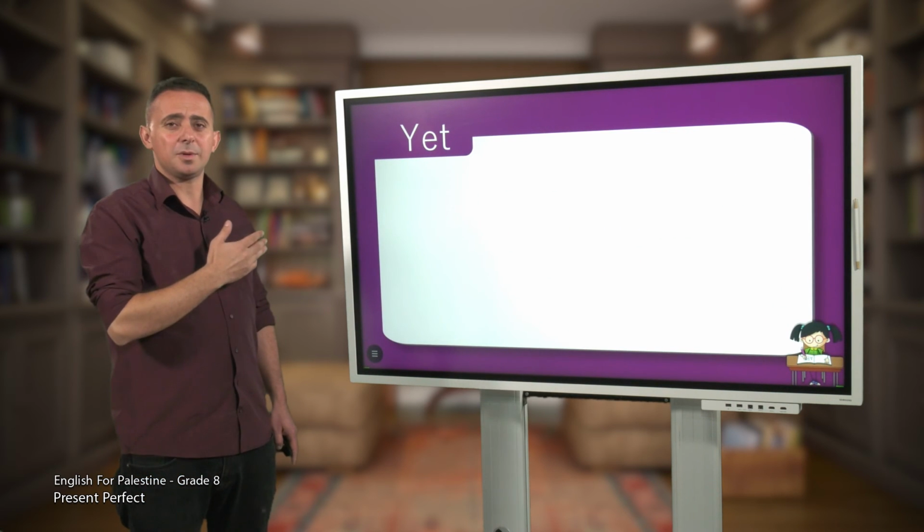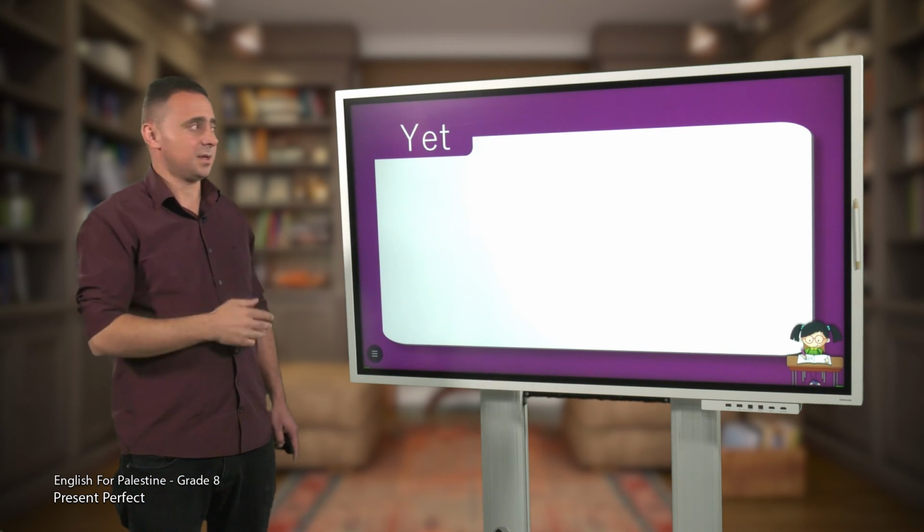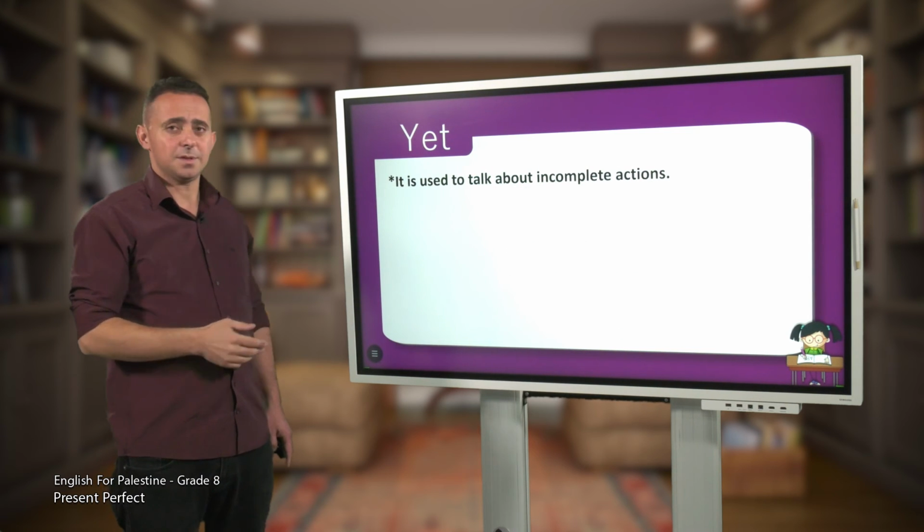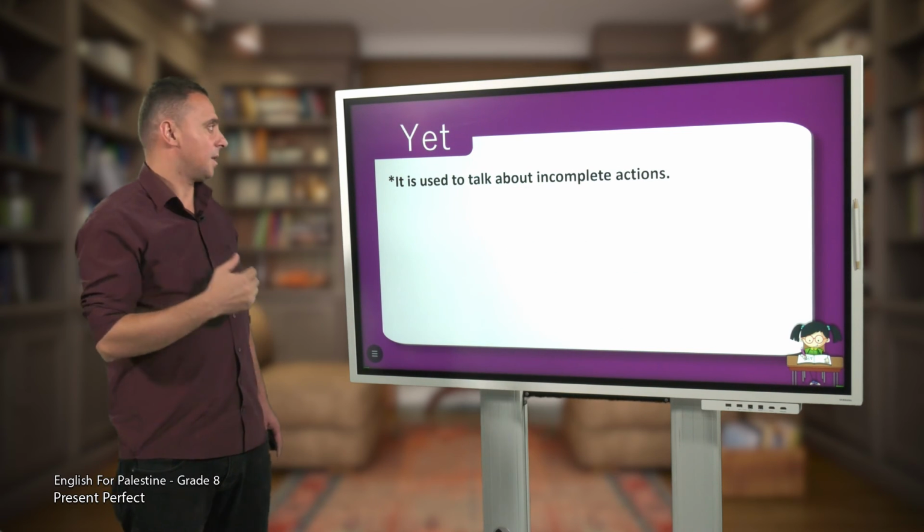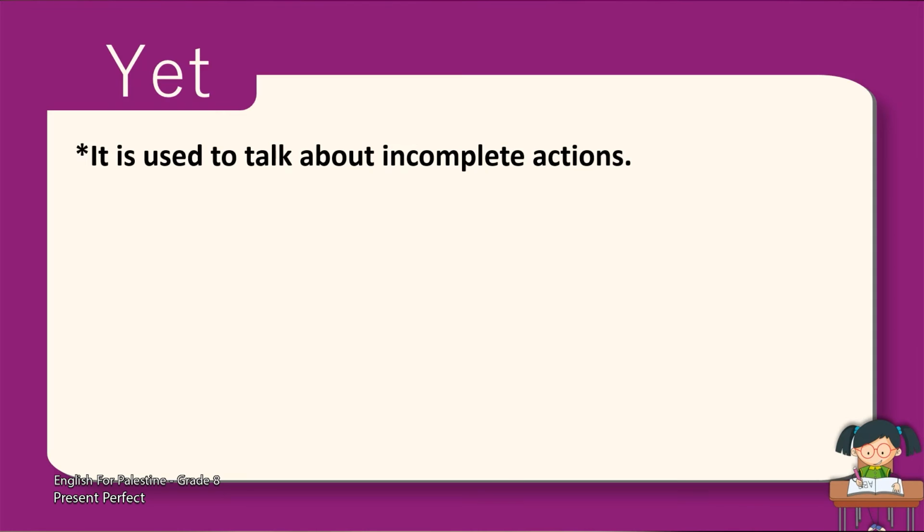Now, what about, dear students, the use of yet? As you have seen in the previous examples, yet is used to talk about incomplete actions, actions that are not finished. And what else? It's used with negative sentences, not affirmative sentences. We use yet with negative statements.